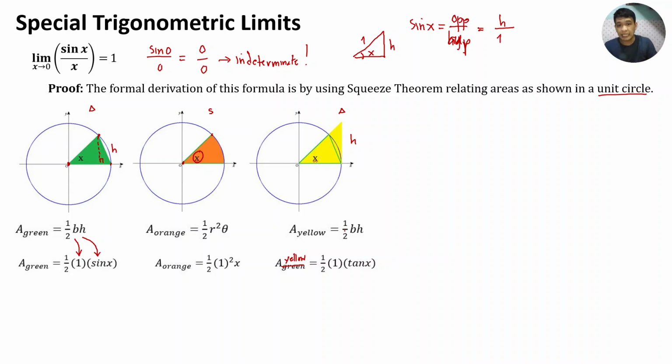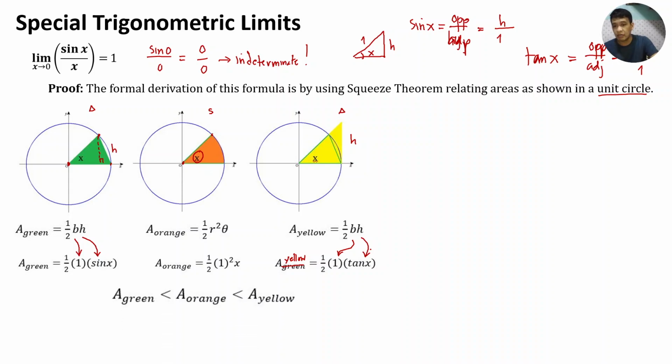Ang gagawin lang natin is, gagamit tayo ng principle ng tangent. Tangent of an angle x is equal to opposite over adjacent. Opposite to x is height, adjacent to x is 1. Therefore, h is simply tangent of x. So again, 1/2, base is 1, height is tangent of x.